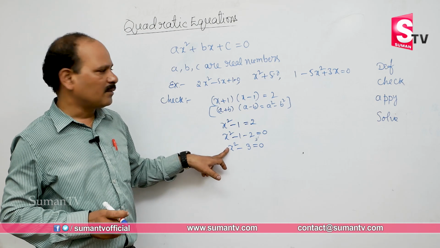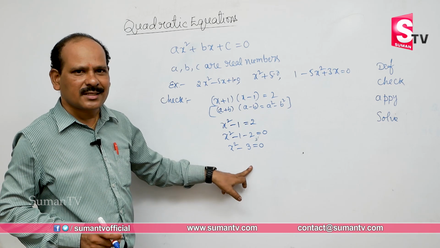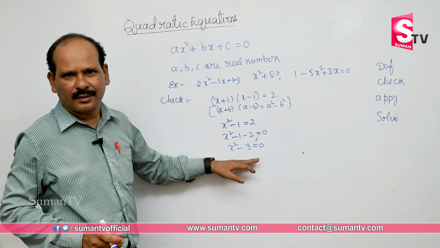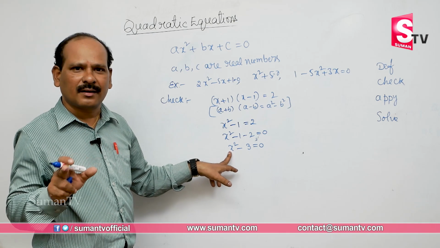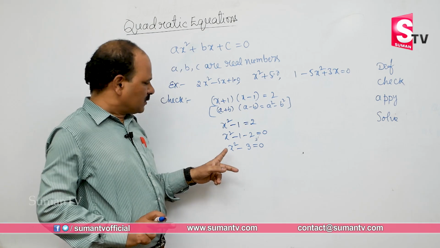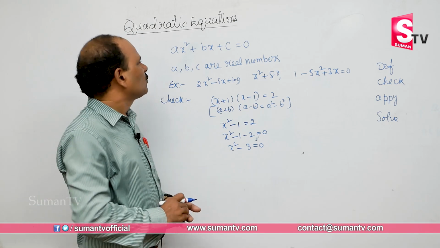It is in the form of a quadratic equation. The x term is missing, but no matter; we first check whether the x square term is present. It is, so this belongs to quadratic equations.